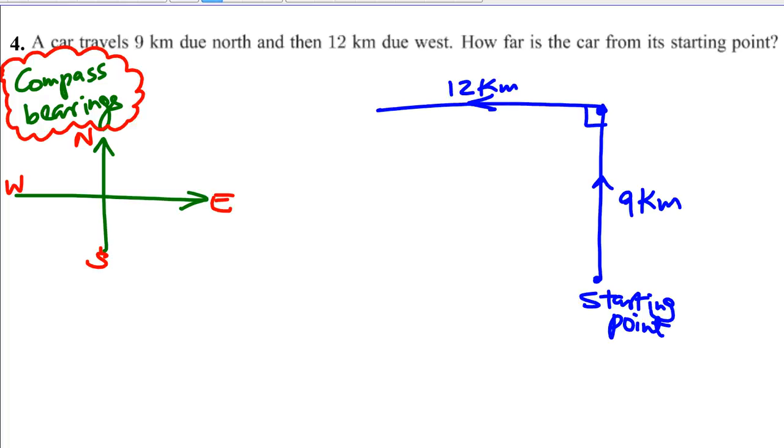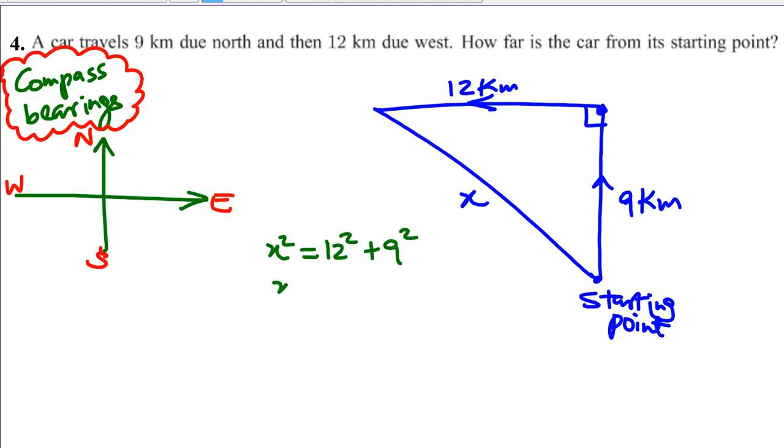So these guys are asking us to find that distance there. And suppose this distance is x, we can use the Pythagorean relationship to find the missing side. Because it's the longer side, we'll have x squared is equal to 12 squared plus 9 squared.